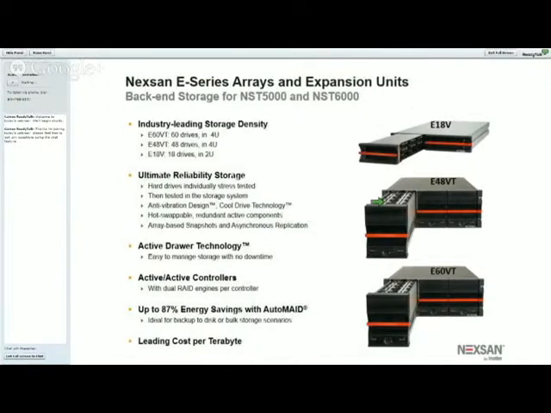But as far as the heat, we have a cool drive technology, which is simply fans in the front and rear of every one of the drawers, and we channel that heat away from the controllers and the electronics in the back where your controllers are. Again, a dual redundant system throughout. So even the E-Series storage, not only do we have 2 controllers in the NST, we have two controllers in the E-Series.